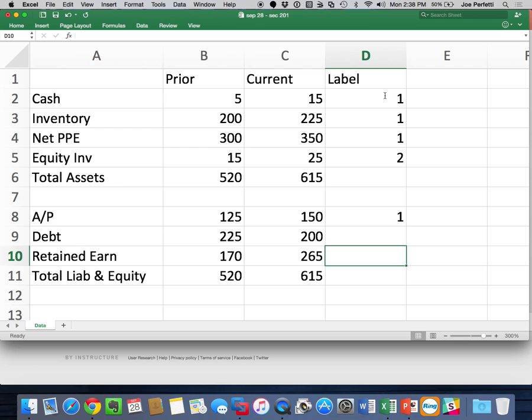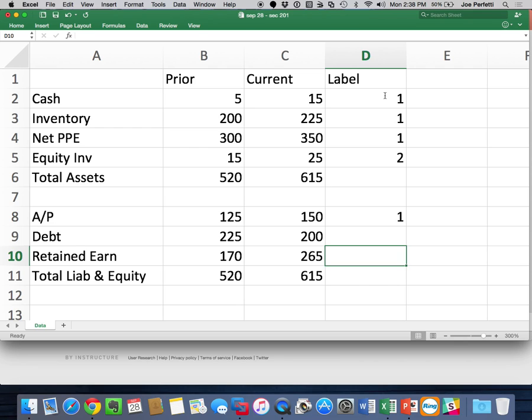And the key between an operating or non-operating liability and debt is something with interest attached to it. So if there's an interest rate attached to it, it's debt. If there's not an interest rate attached to it, it's going to be either a 1 or a 2 as a liability.